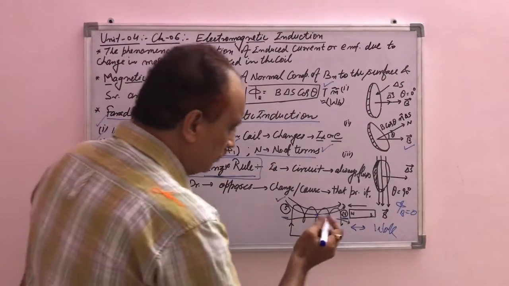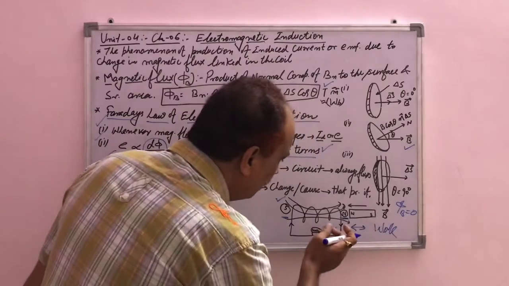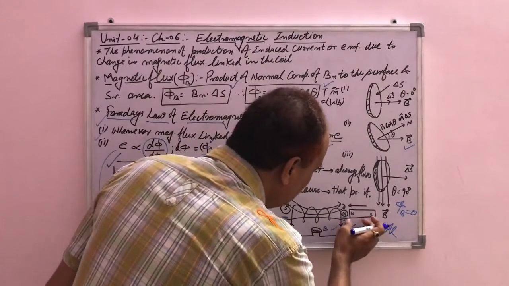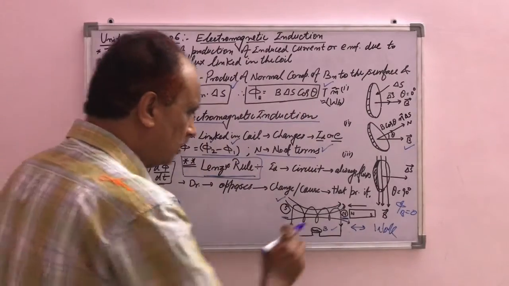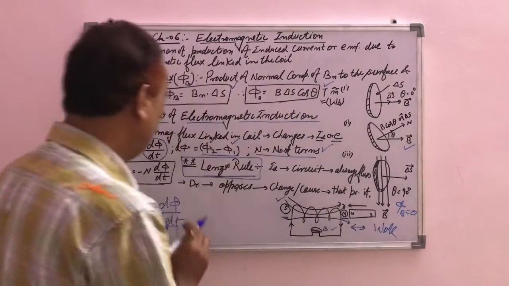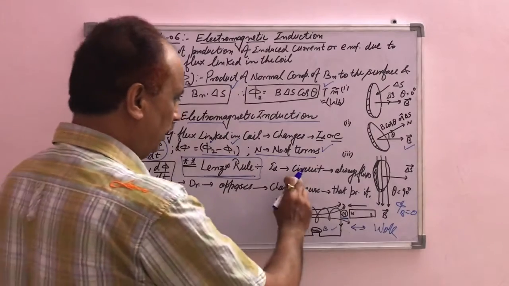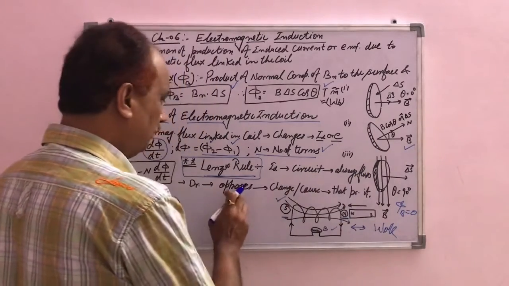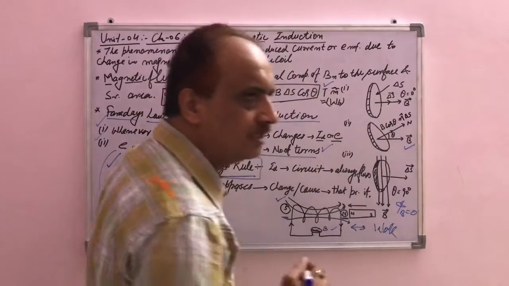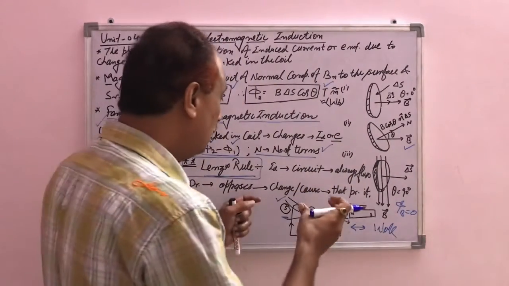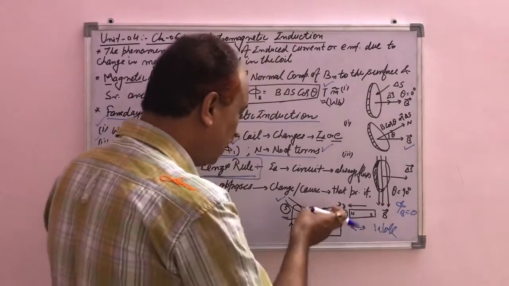So we can see here that when there is a change, the movement of the magnet, the current flows due to that change. This is the Lenz rule: the induced current always flows opposed to the change or cause. It opposes means the force of repulsion is acting here. The change is the magnetic flux.